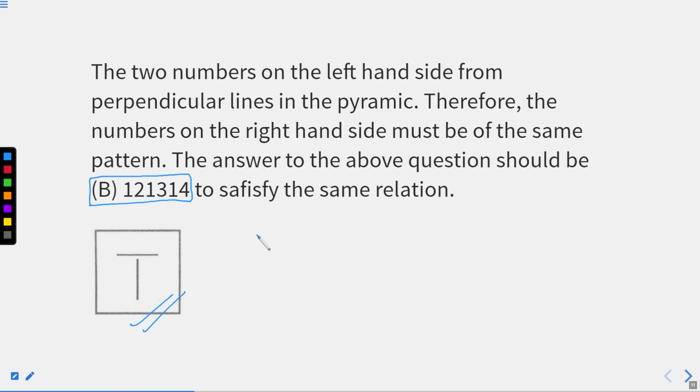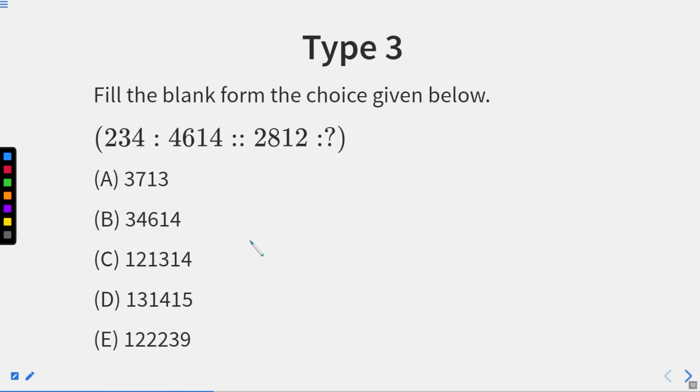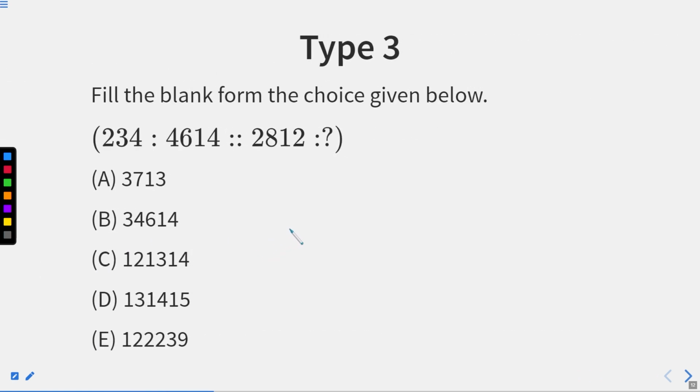Now I'll be taking some more questions related to the same concept of the pyramid, so that the pyramid-based questions are clear to you. Here it is. So now you can find the relation between the numbers.